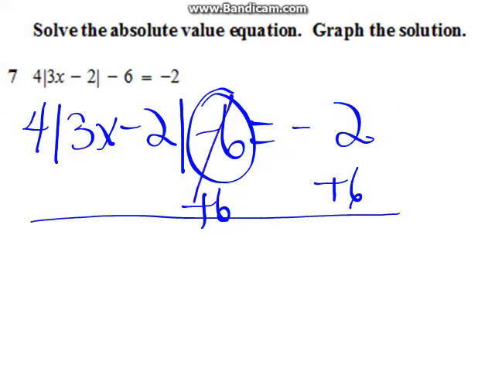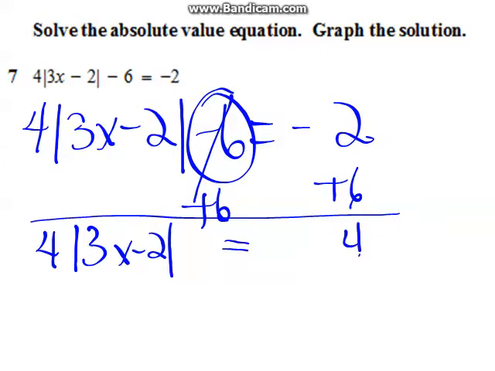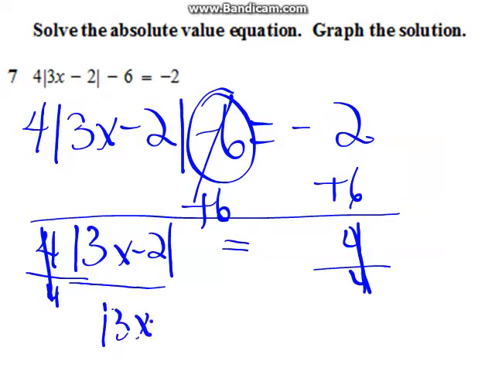When we do that, this goes away, and I have a 4 here. It leaves me with 4 times the absolute value of 3x minus 2 equal 4. The next thing I'm going to do is divide each side by 4. And it cancels out. So we end up with the absolute value of 3x minus 2 equal 1. All right, the next thing we have to do is solve this to remove our absolute value symbols.